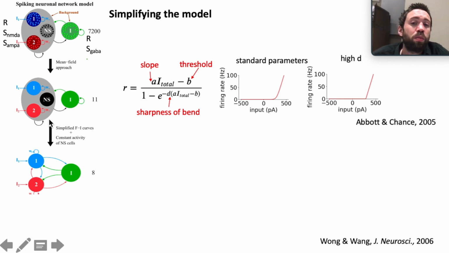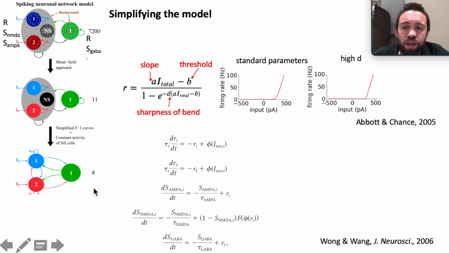So we can effectively remove this population, and this removes 3 further dynamical variables. And now we have just 2 populations of excitatory cells, each selective for opposing directions, and 1 population of inhibitory cells. And these are defined by these equations here.